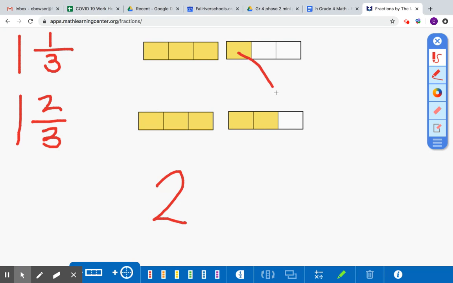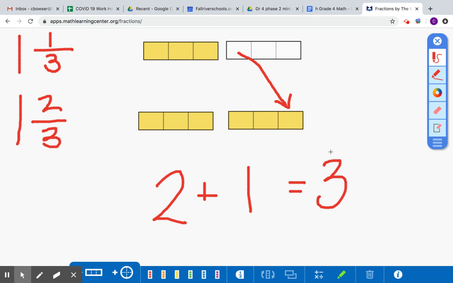So if I move this here, I take this 1/3 and I add it to my other fraction 2/3. Now I have one full group of 3/3. So one whole group, 3 shaded out of 3, is equal to 1. So I'm really adding 2 plus 1, and that equals 3.